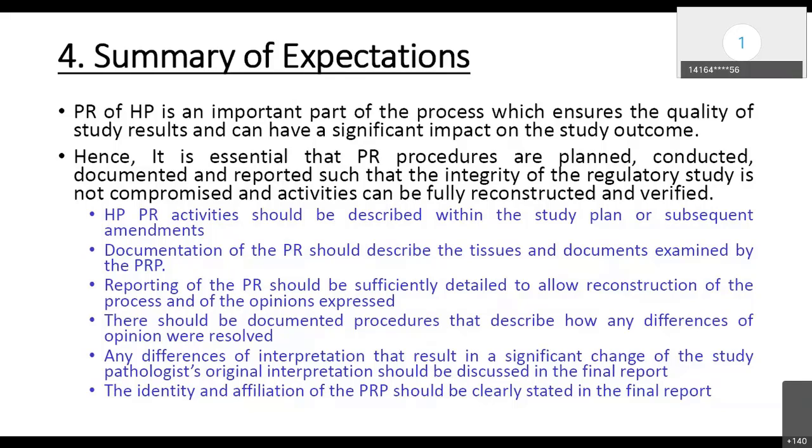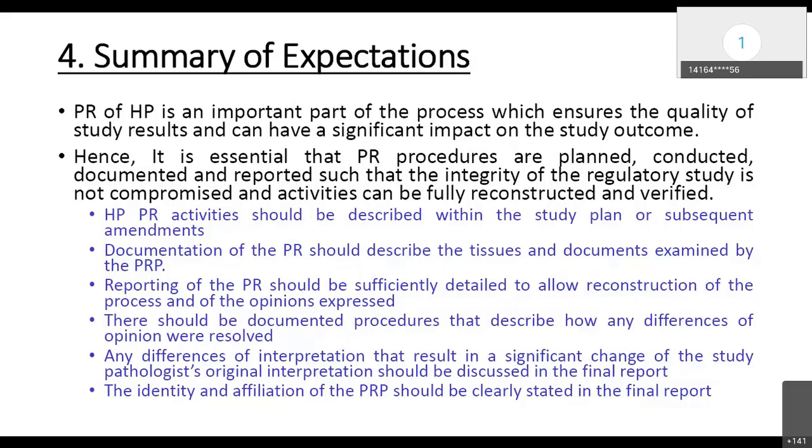And if differences are still not resolved, and the interpretation results in a significant change of the study pathologist's original interpretation, then that also needs to be discussed in the final report. And it is very, very important to report the identity and affiliation of peer review pathologists in the final report.